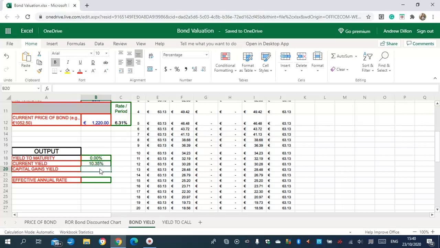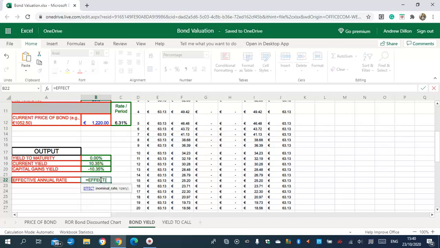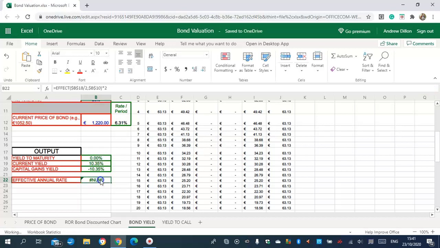Capital gains yield. Good. Now into the effective annual rate, equals EFFECT. Give me a second, notes.